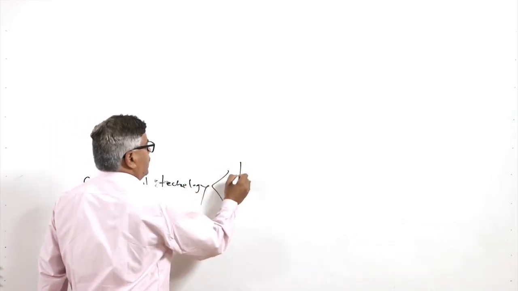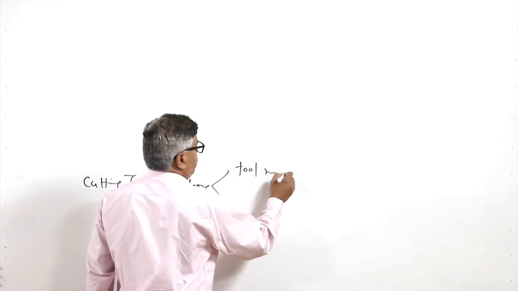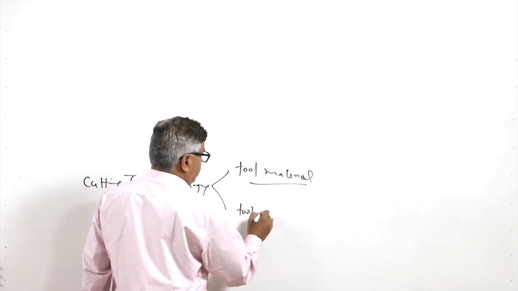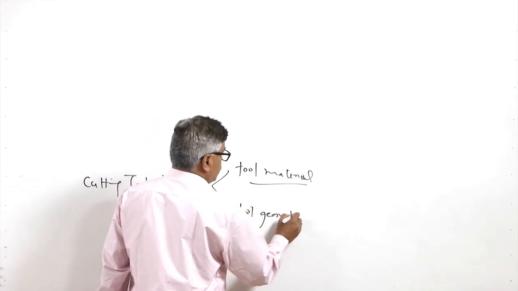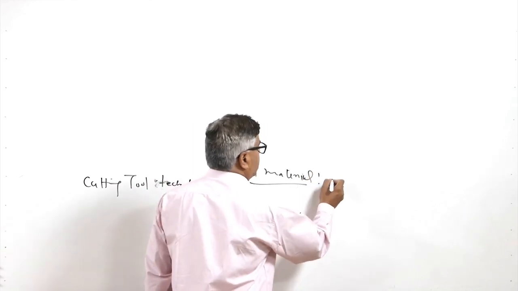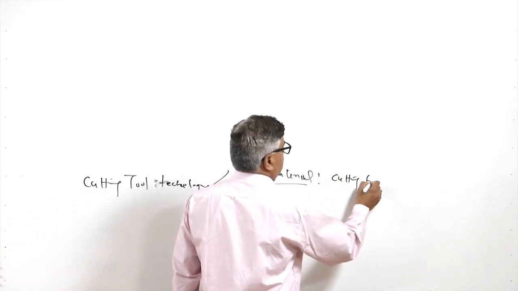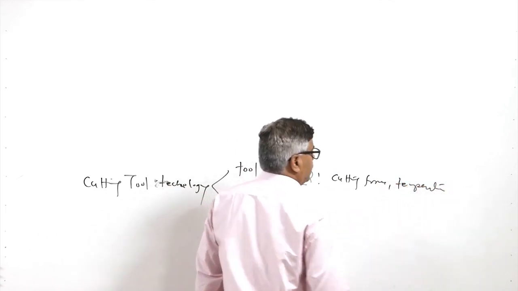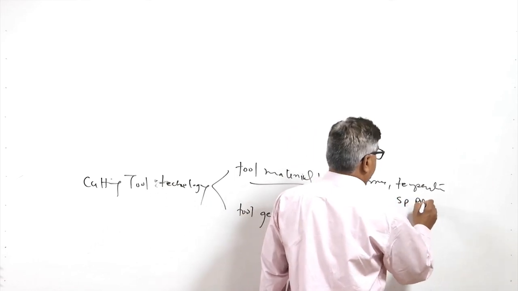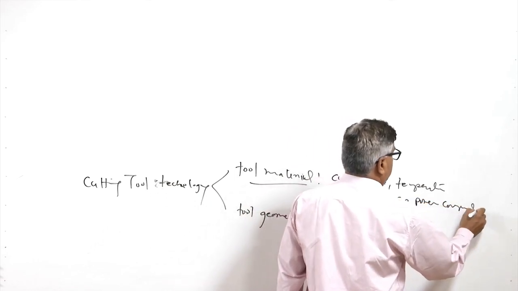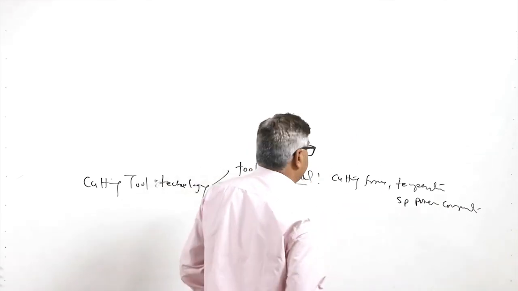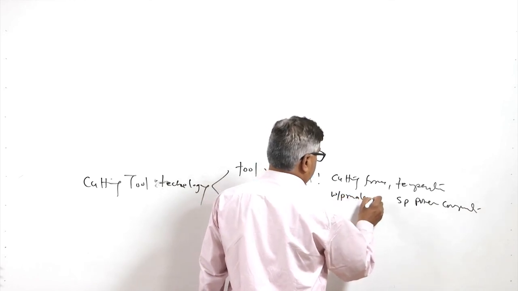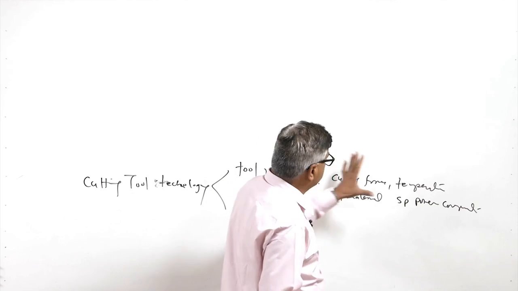Basically it involves the choice of the proper tool material and the choice of the tool geometry. Aspects like the cutting forces generated, the temperature rise occurring during machining, and the specific power consumption, along with the workpiece material, are the factors kept in mind while selecting the suitable material.